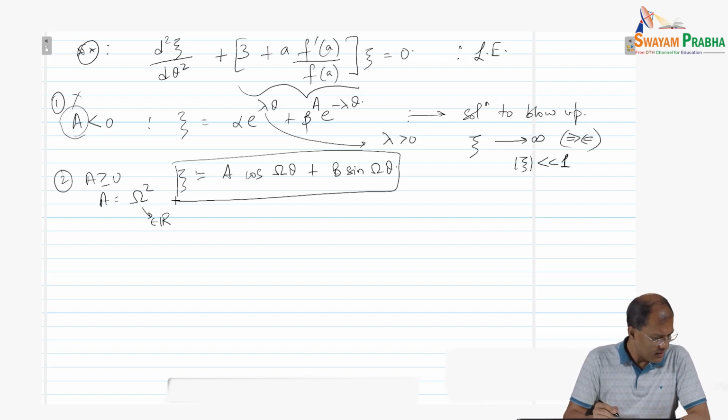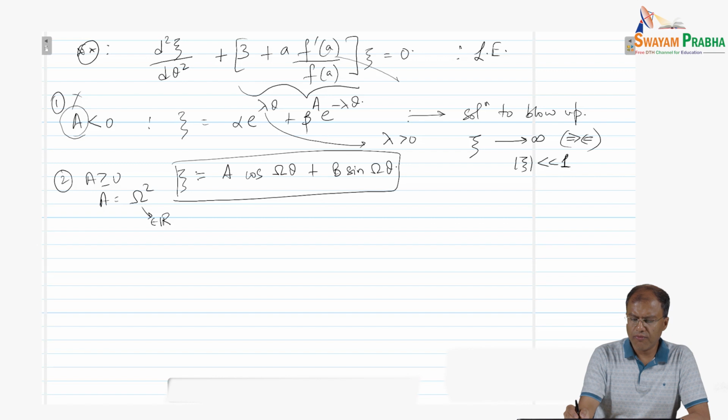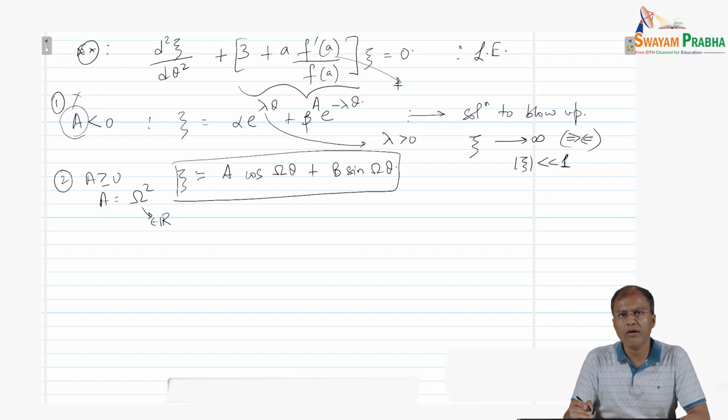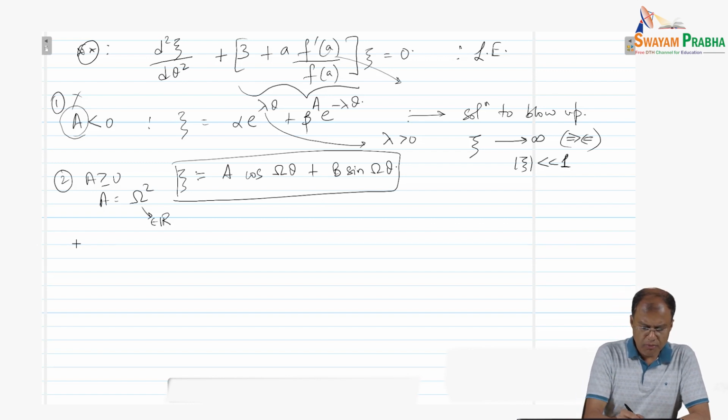Now, let us look at a specific case when my function f is of a standard form, the case that we are going to deal with more often. The case is that f is of the form of a power law.